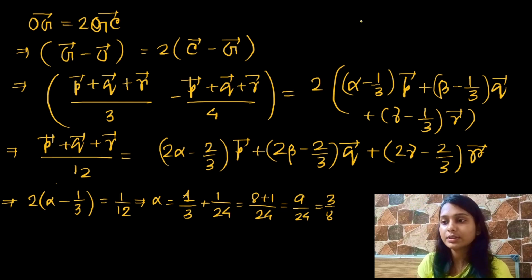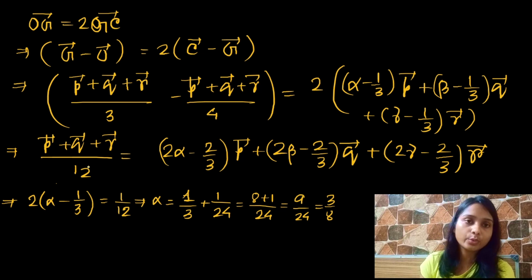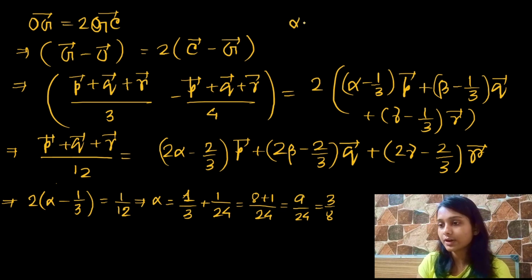So that is alpha, beta, gamma. The other equations are also the same: 2 beta minus 2 by 3 equals 1 by 12, and 2 gamma minus 2 by 3 equals 1 by 12. So all these values, alpha equals beta equals gamma equals 3 by 8.